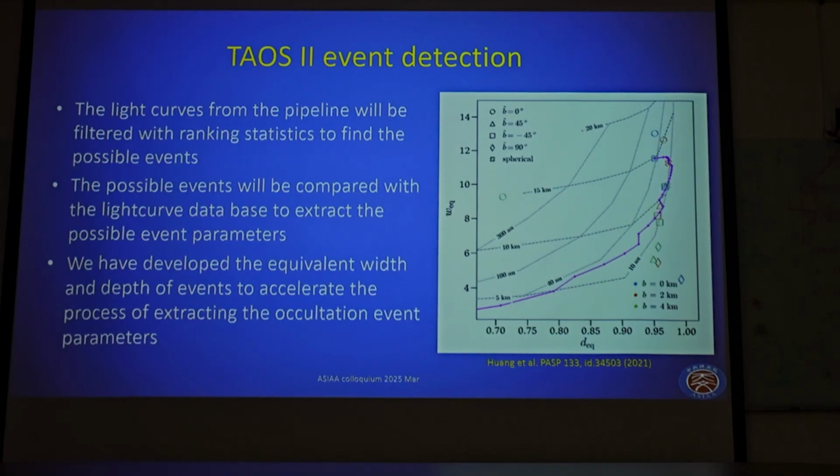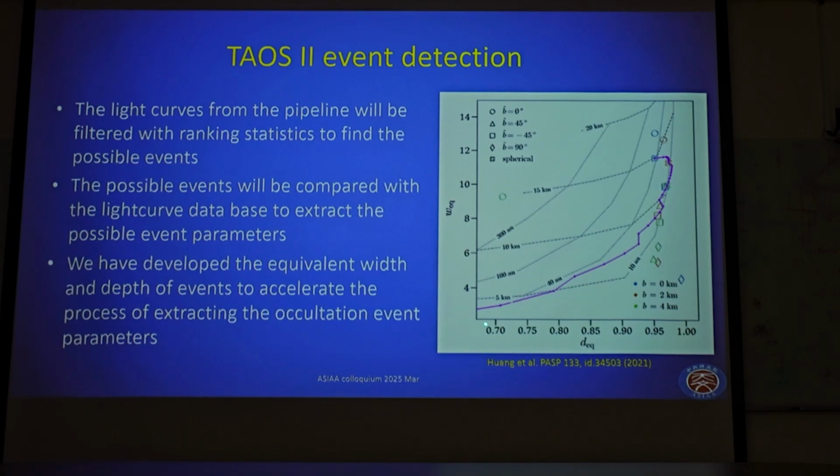But for TAOS II, for every event we will be able to sample the event width and also the depth. So we are trying to generate a light curve database with synthetic light curves, so that we can compare the observed data with the database to extract the possible event parameters.